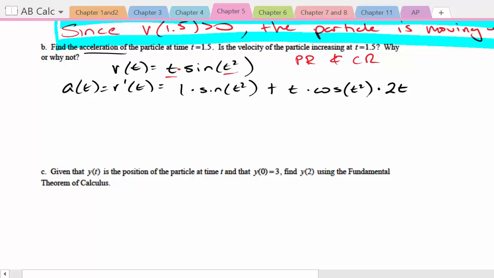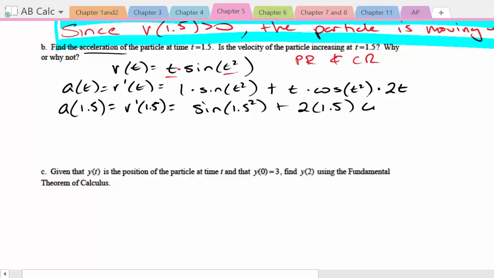The next part says, is the velocity of the particle increasing or decreasing? That would mean, is the acceleration positive or negative? So I'm going to plug in a of 1.5, which is the same thing as v prime of 1.5, into all of this. So that's sine of 1.5 squared, plus, if I wanted to clean this up, this is 2 times 1.5 cosine of 1.5 squared.